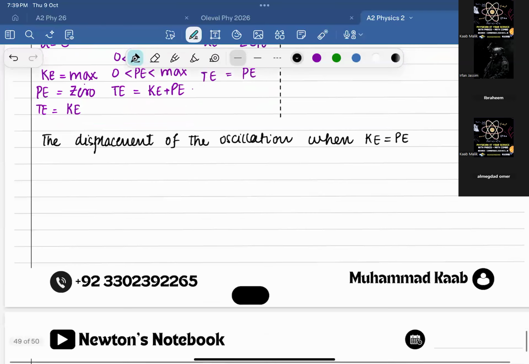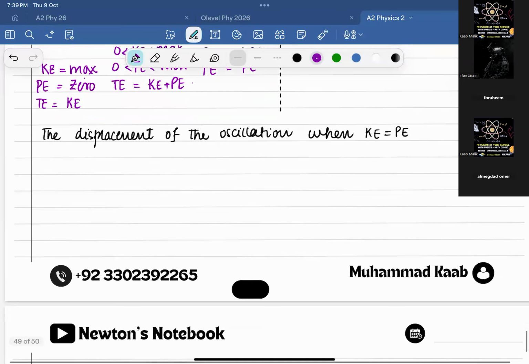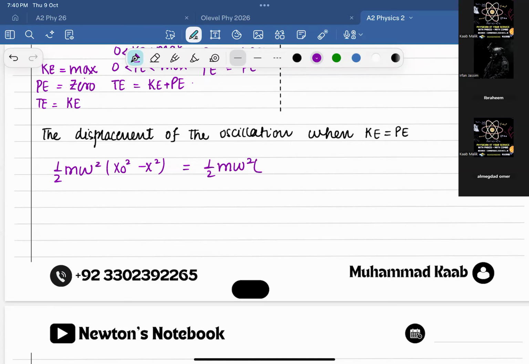To answer this question we have to consider the formulas. Since kinetic energy is equal to the potential energy, for the kinetic energy we have half m omega squared times (x naught squared minus x squared), equal to half m omega squared times x squared, which is the potential energy.